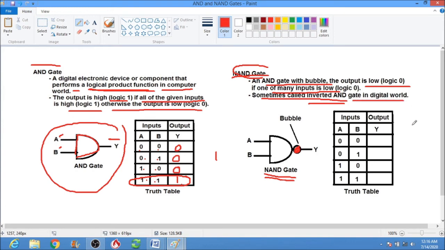Okay, so input is A, input is B, and the output is Y with the bubble. Take note of this symbol.